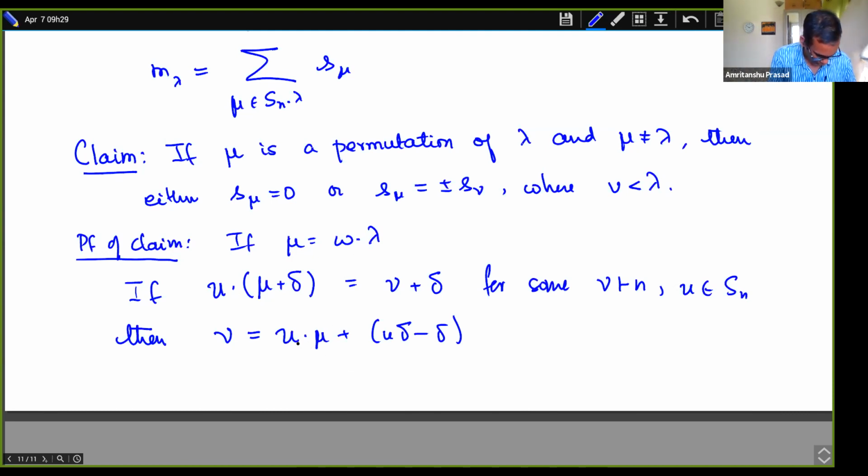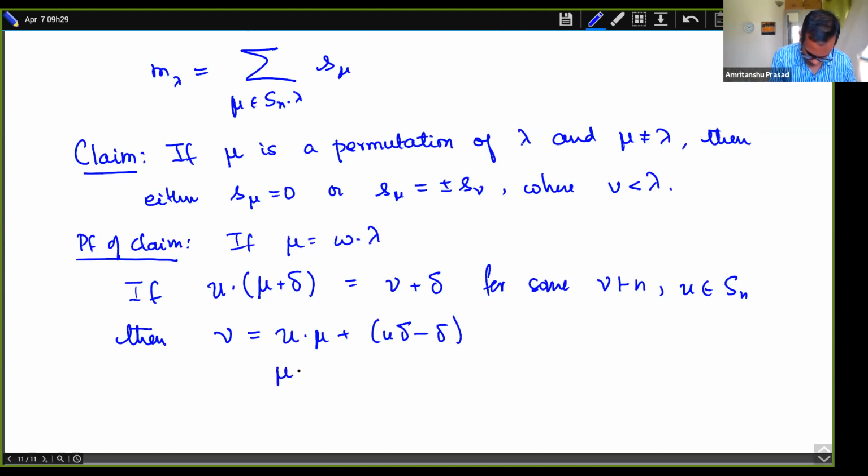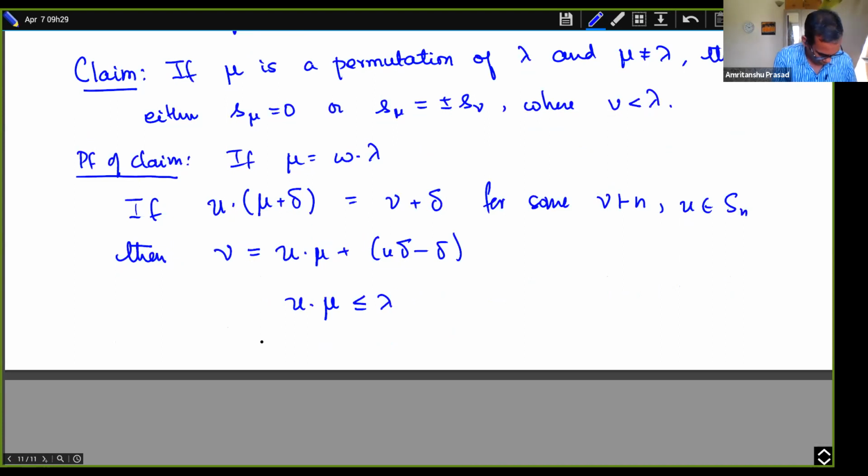So w mu is less than or equal to lambda, because lambda was in weakly decreasing order and then we permuted it, so we can only make it go down.